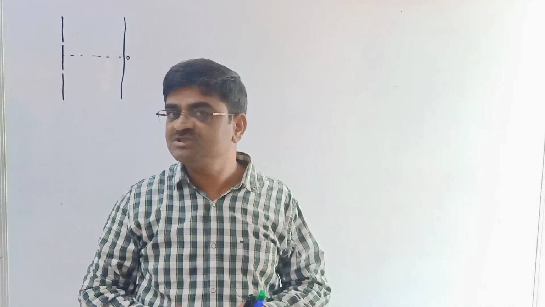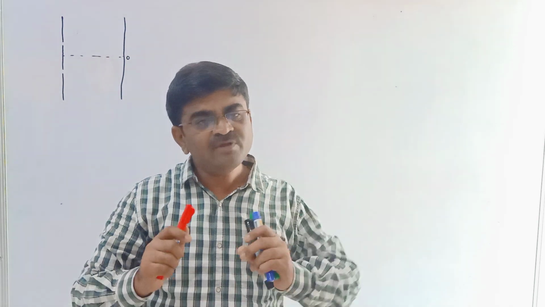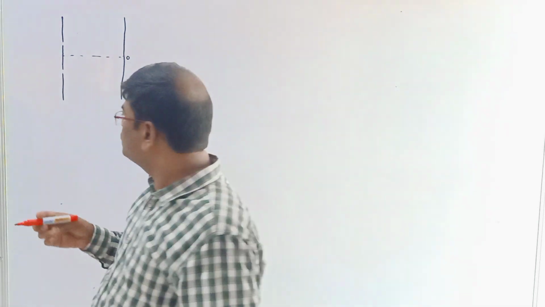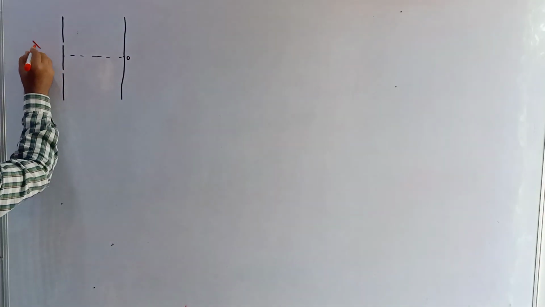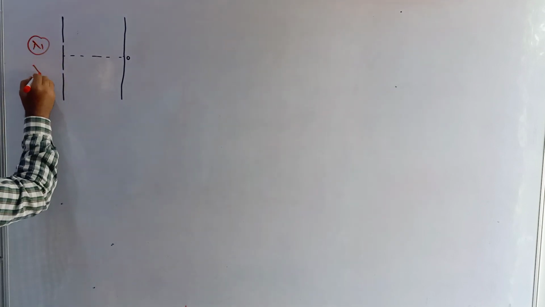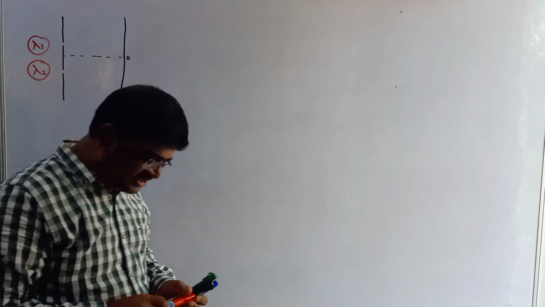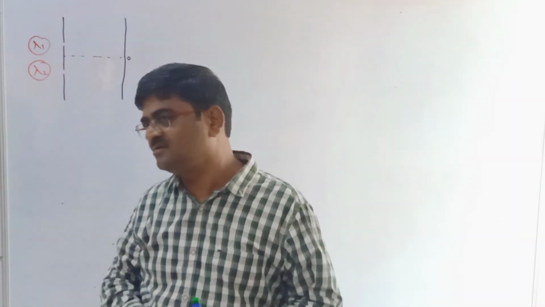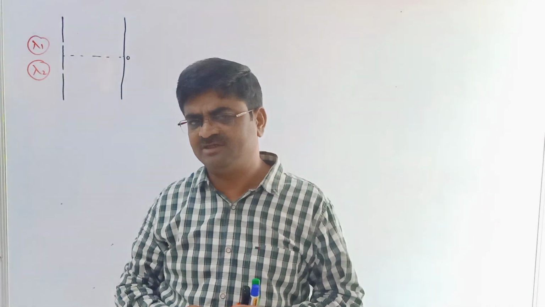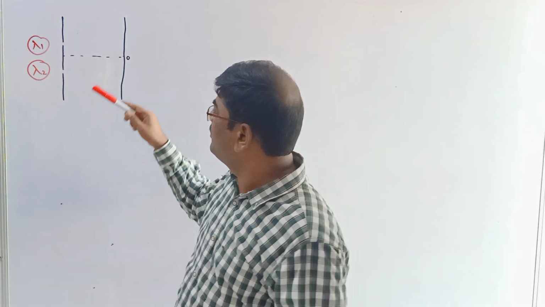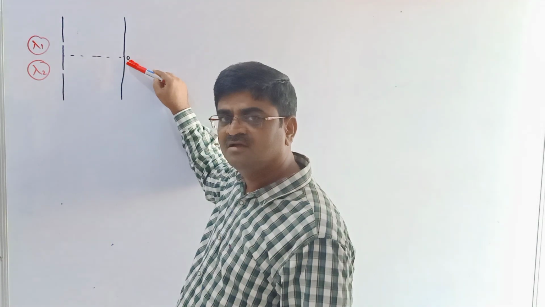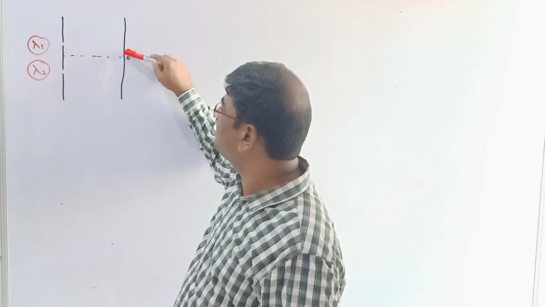instead of using monochromatic light, I am using a source which has two wavelengths, like lambda 1 and lambda 2. With single wavelength, say if it is a red light source, I would have on the screen alternate red band, dark band, red band, dark band.